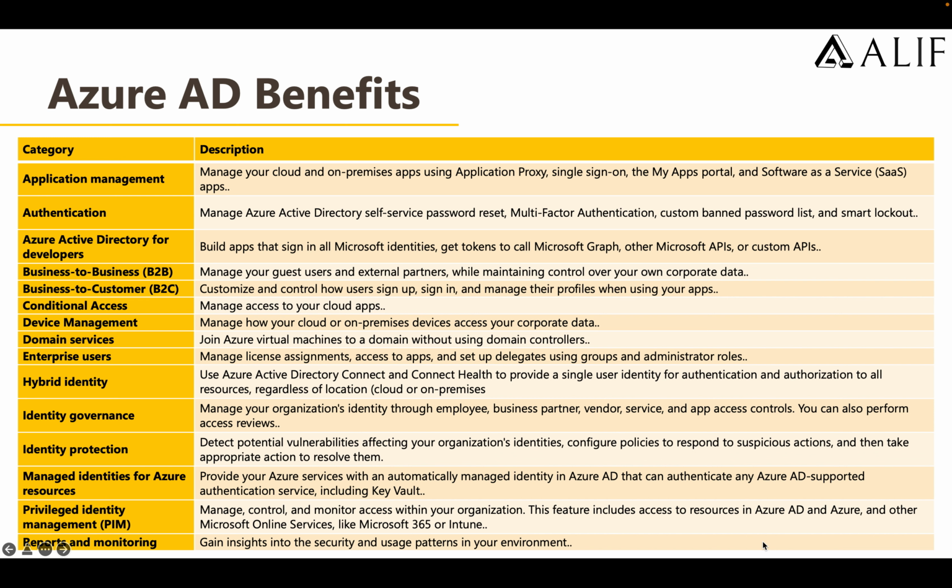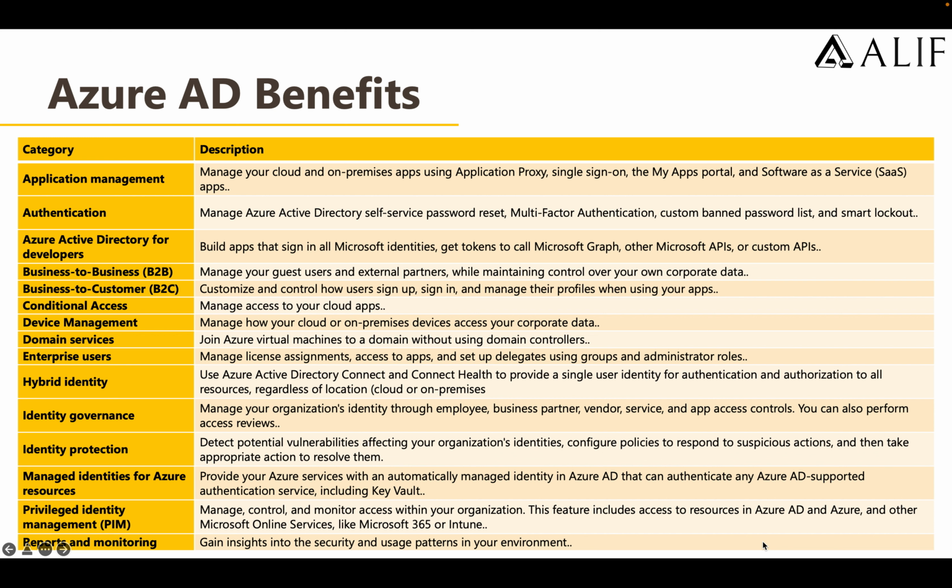You can have your hybrid identity that allows you to connect your on-premise Active Directory with Azure AD, and in that way all the users from on-premise can be replicated to Azure AD, or you can replicate specific OUs or specific groups to Azure. You can have identity governance, identity protection, and managed identity for Azure resources.